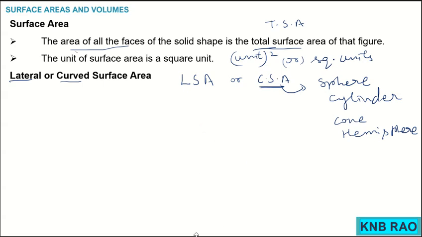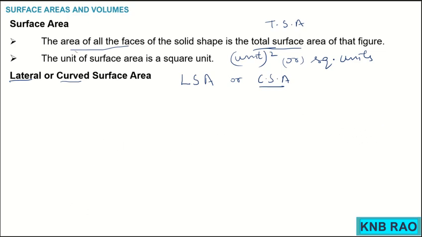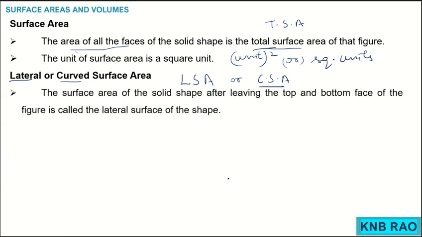In short, lateral surface area is called LSA and curved surface area is called CSA. And what is the meaning of lateral surface area? For a solid shape, leaving the top and bottom faces, all the rest of the faces are called lateral surfaces, and the area of those lateral surfaces is called lateral surface area.